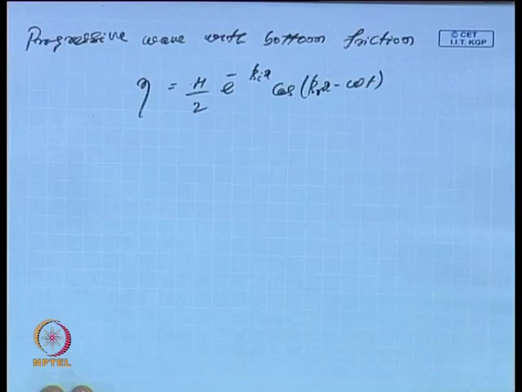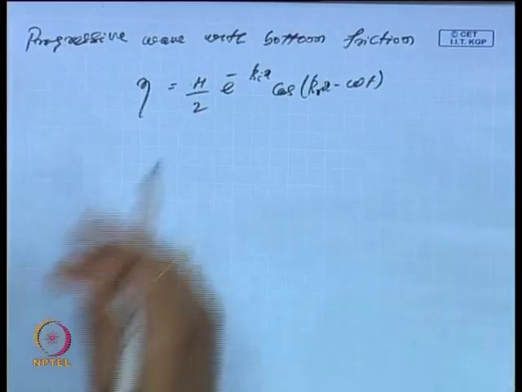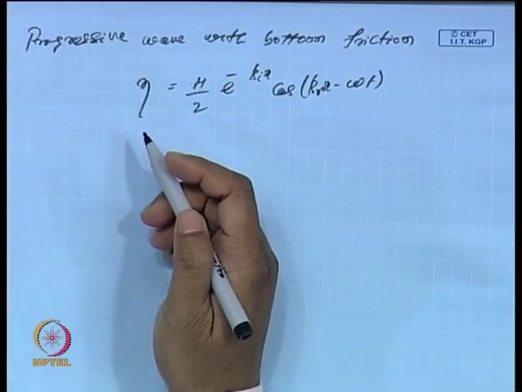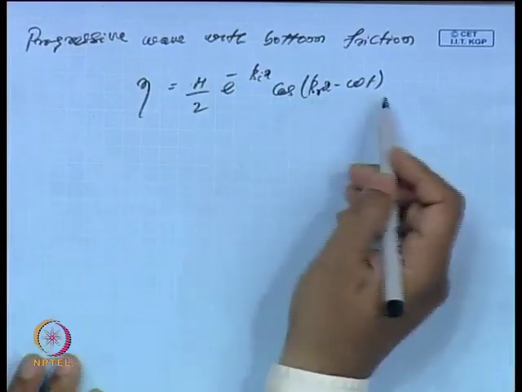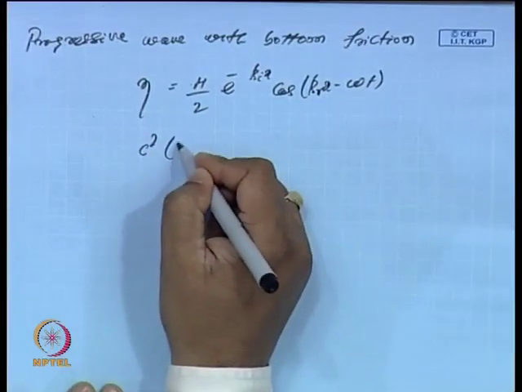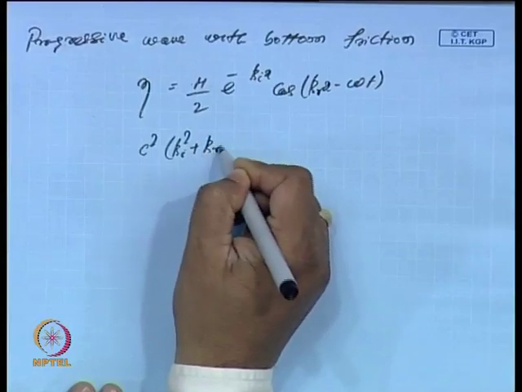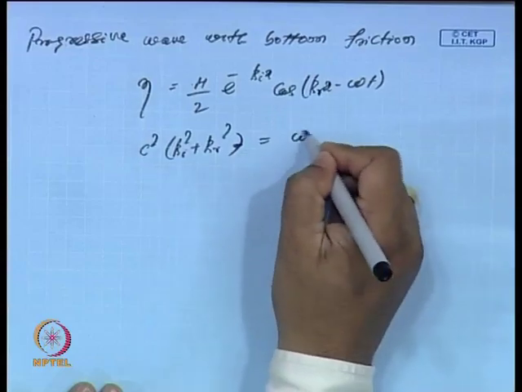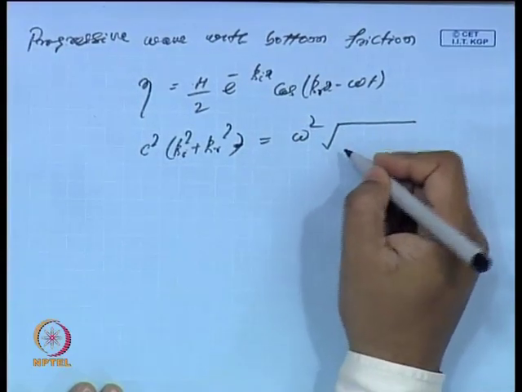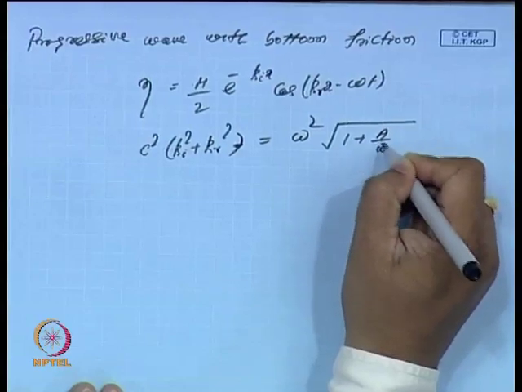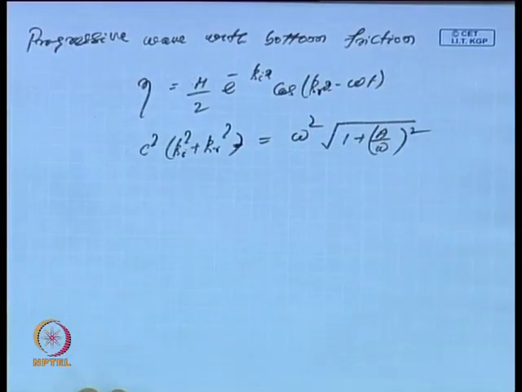If you substitute this form of solution in the long wave equation with bottom friction, one can easily see that k_i and k_r satisfy the relation c^2 (k_i^2 plus k_r^2) is equal to omega^2 (1 plus (a/omega)^2).